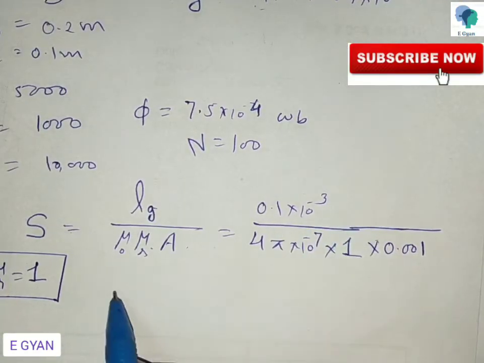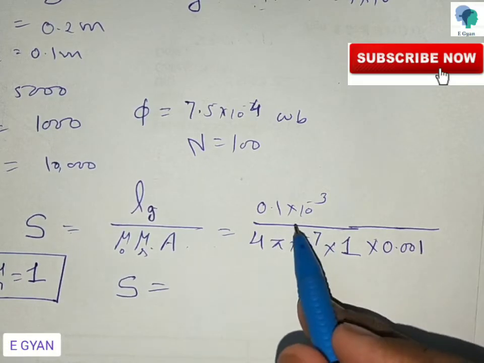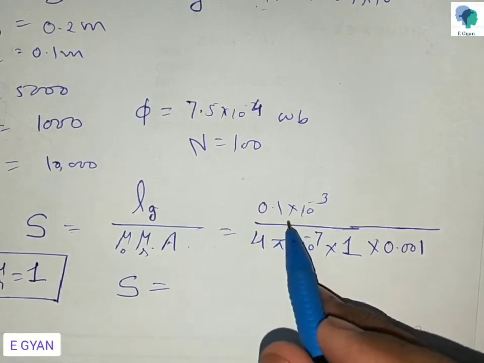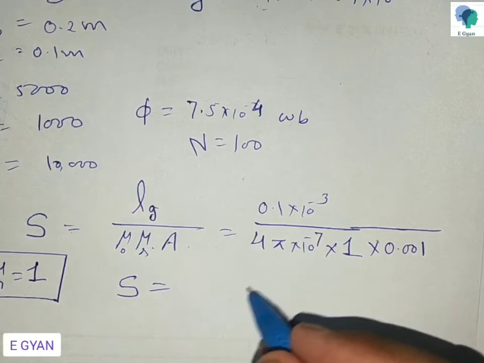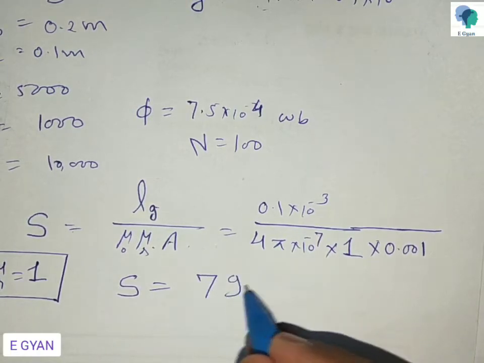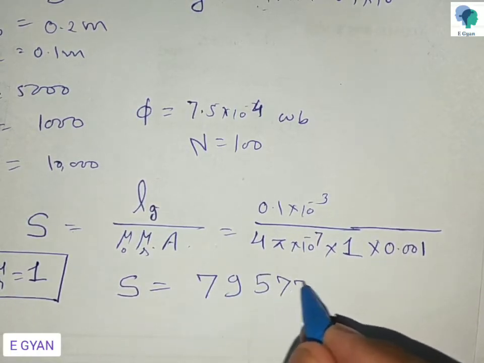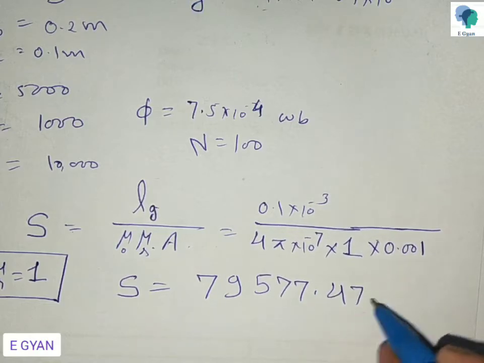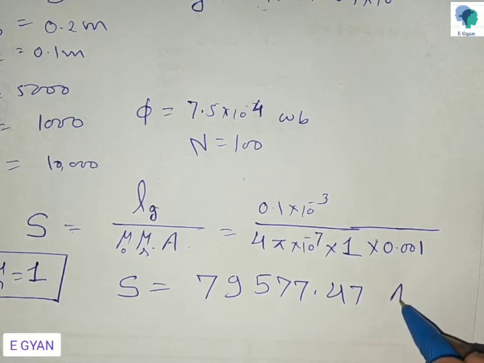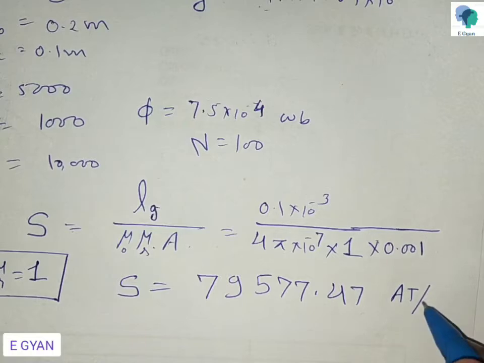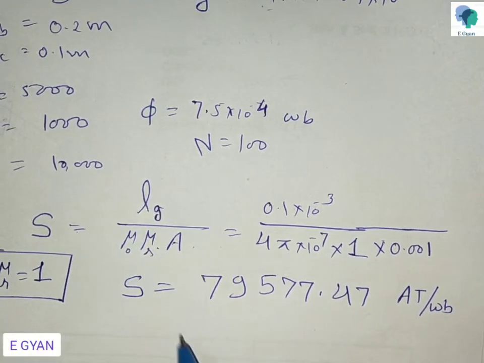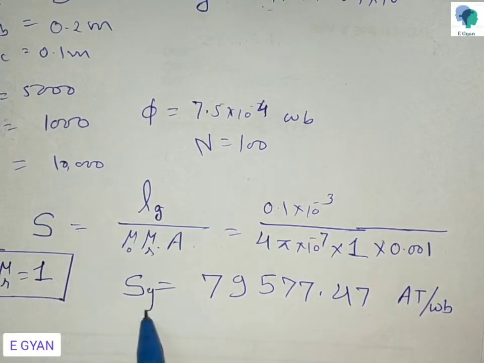Now calculate this using calculator. We are having the calculator, and now calculating we will get, it is coming as 79577.47 ampere turn per Weber. So this is S for air gap.